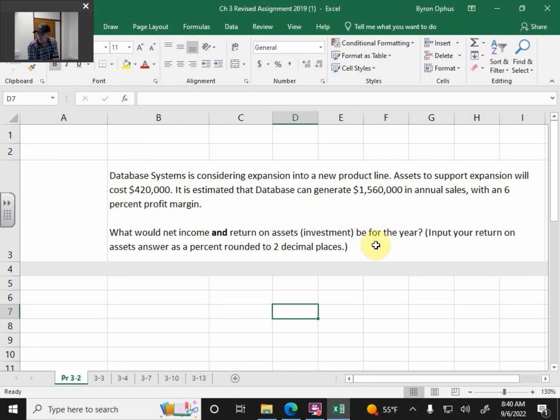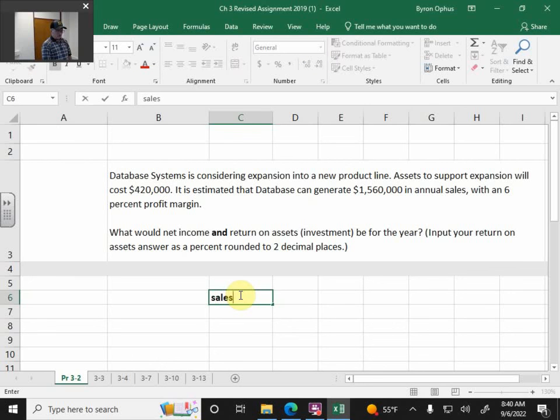That's pretty simple, right? If I got 100,000 in sales and my profit margin is 10%, what's my net income? Okay, so start over and talk a little slower. Okay, so let's say, I'm just giving you an example. Let's say I got 100,000 in sales, right?